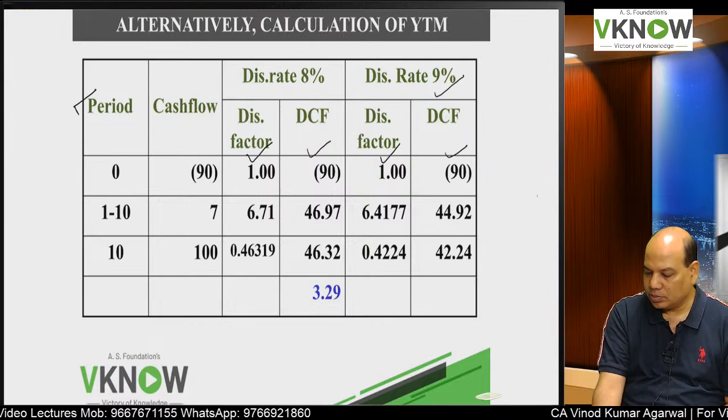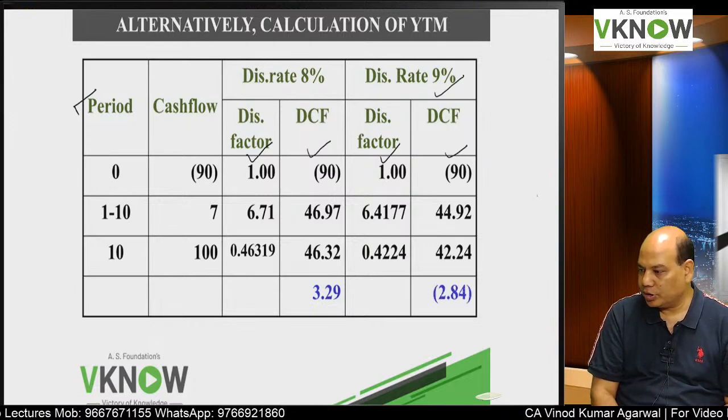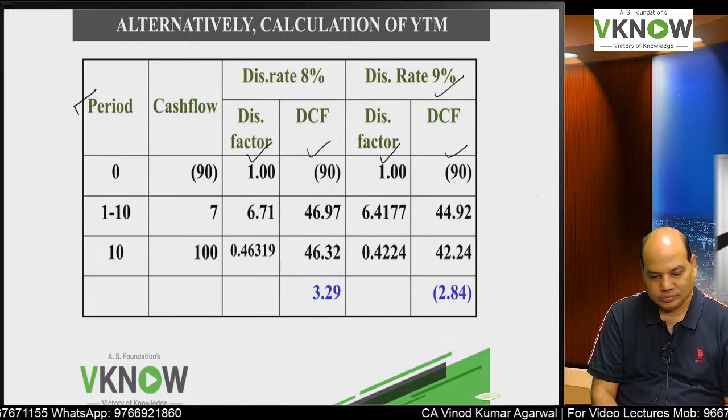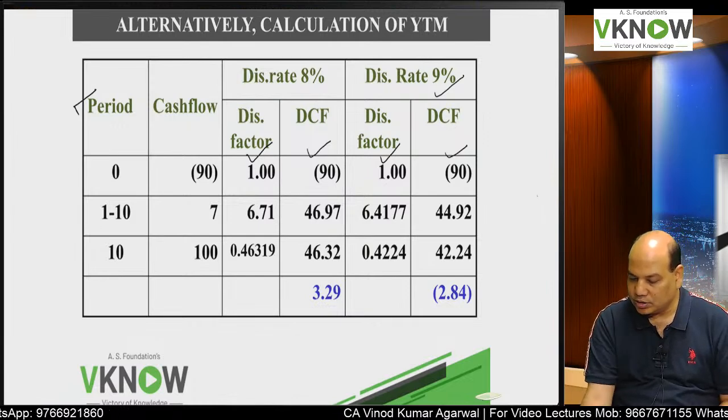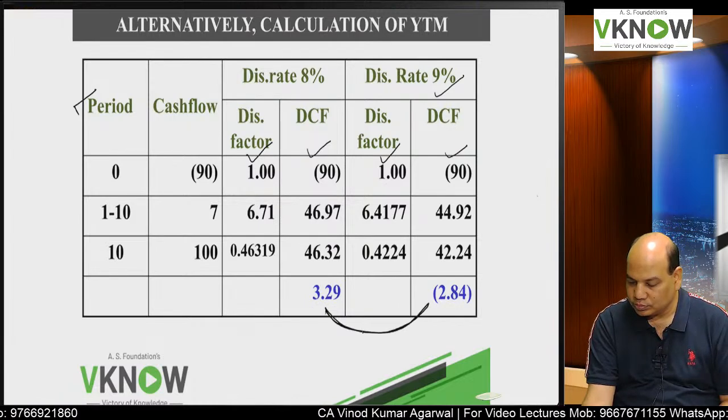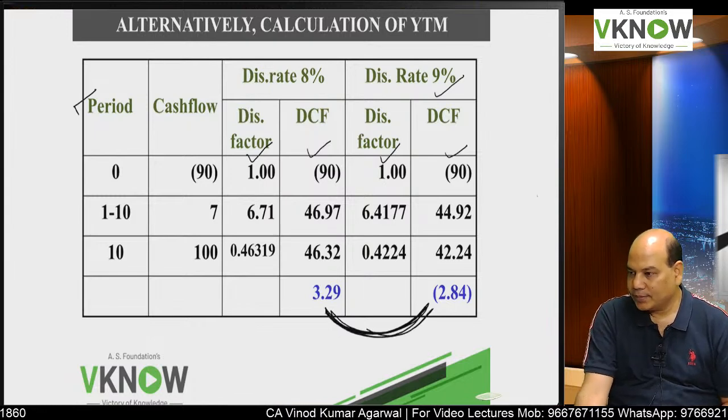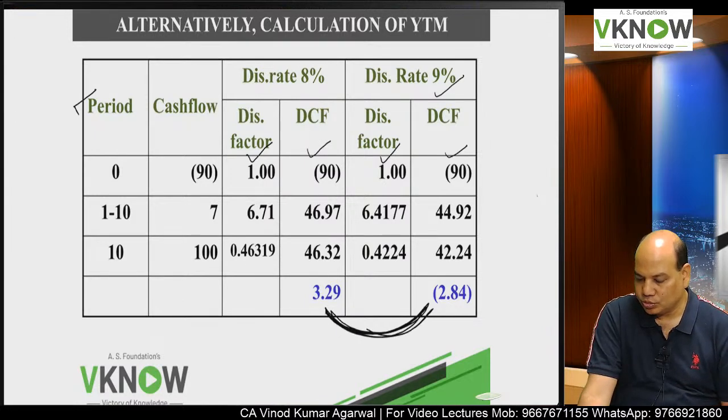The total of the last column is negative 2.84. Check the answer. Negative 2.84. One is positive, one is negative, so the answer is somewhere between these two.